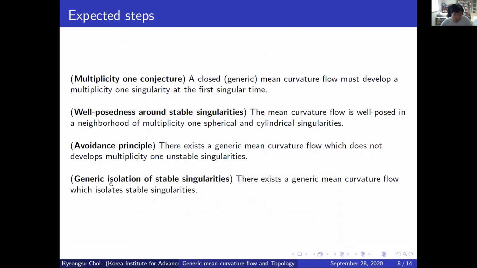And finally, by choosing well to perturb the generic mean curvature flow, we want to isolate the singularities. If the singularities accumulate, it is very annoying to analyze, especially in higher dimensions. 3D is fine, but 4D is terrible. So we need these conjectures. Up to now, we have some progress on the second and third steps by using ancient solutions.